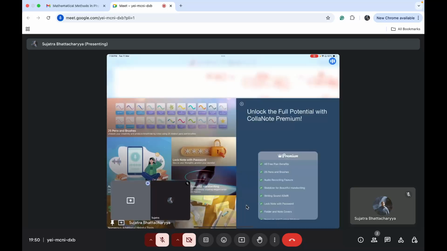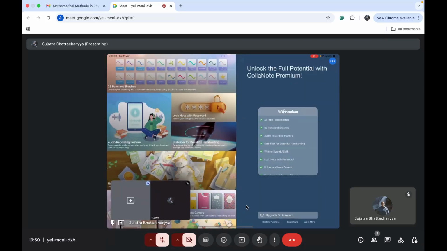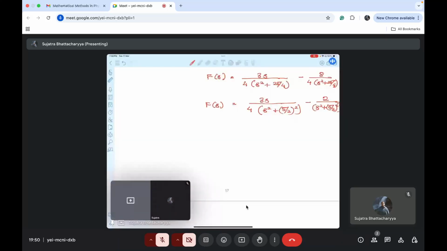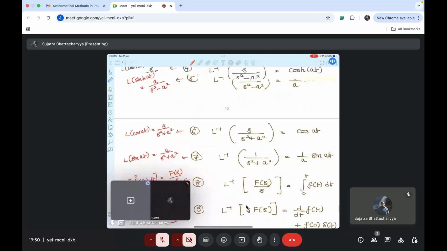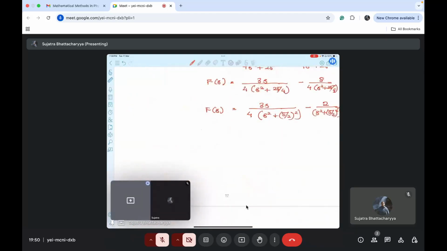Yes, we can. So we have to make it in such a way that we get a similar form of, say, 1 upon (s square plus a square) or (s square minus a square), right? This is what the trick requires for the inverse Laplace transform.